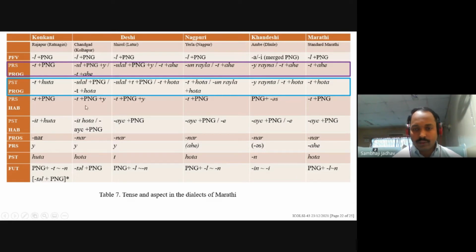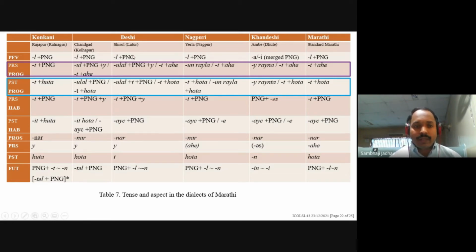And one other important aspect, if you look here, let's take Rajapur. Present progressive the PNG, you will see past habitual the PNG. So this system becomes two-way, as in past progressive also the Hutta versus it or the Hutta. This system gives you almost similar patterns.